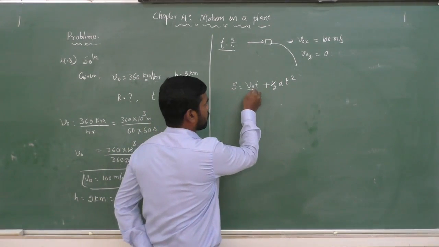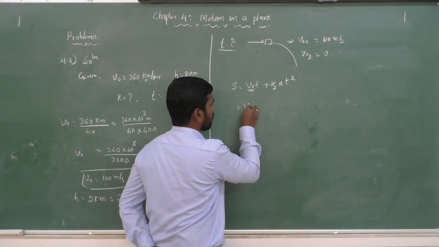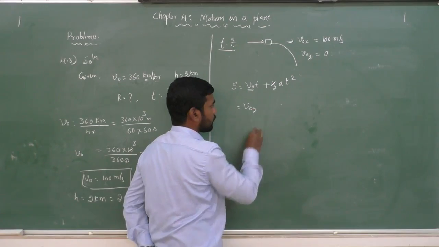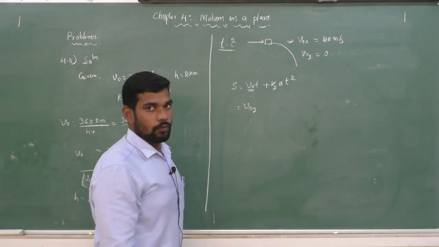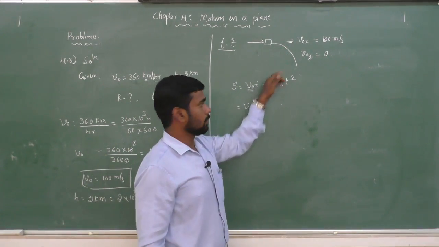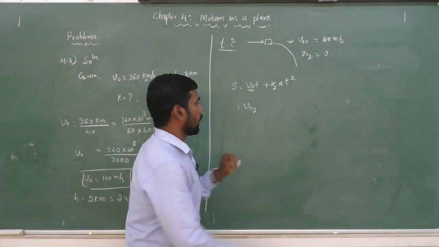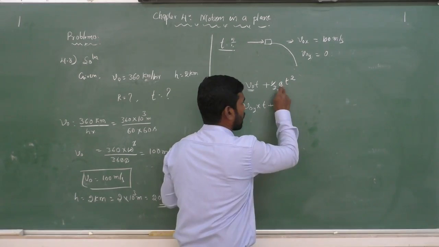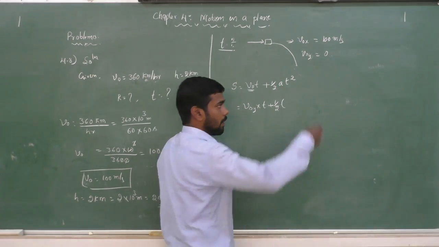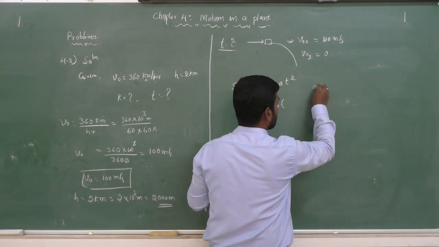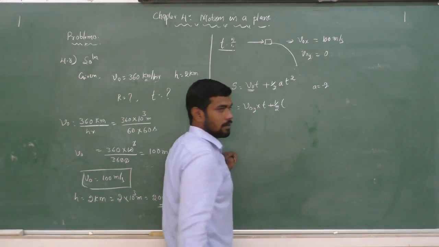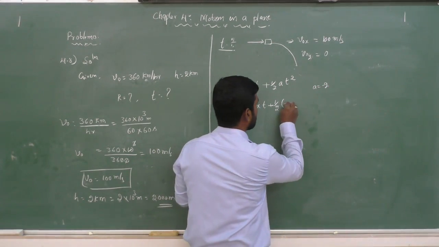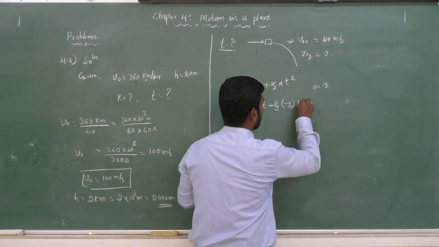Here V naught will be converted into V0y, in the vertical direction. And A will be under the action of gravity, so A will be minus G. That gives minus half G T square.